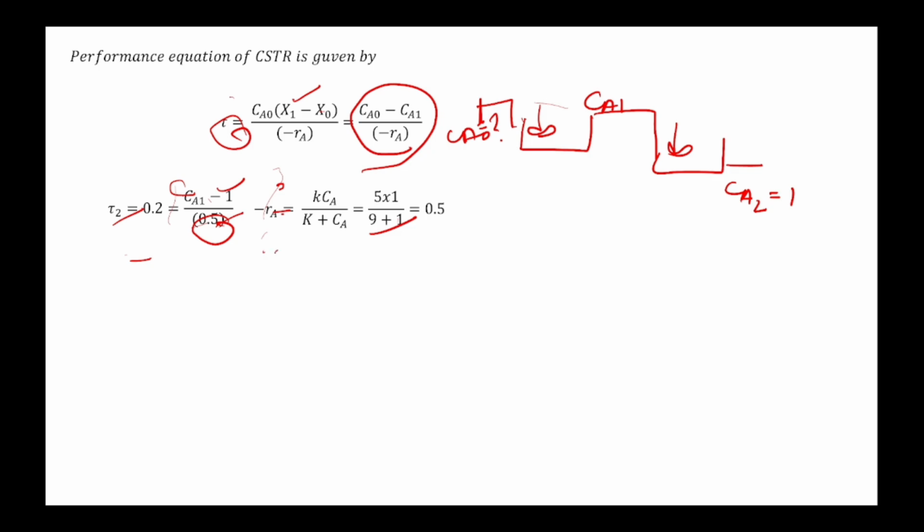This CA will become CA2. Now CA1 will be 1.1. For the first reactor, this CA will become CA1. So we'll get 1.6. So straightforward. This question is a little bit tricky.